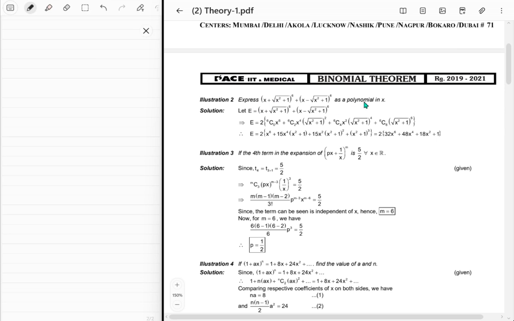Express this thing as a polynomial in x. Oh yeah, so the thing is that all of these odd terms will get cancelled, as we saw previously, and that's why all of these terms which contain square root of x squared plus 1 to some odd power will get cancelled. So only the even power containing terms will be there.